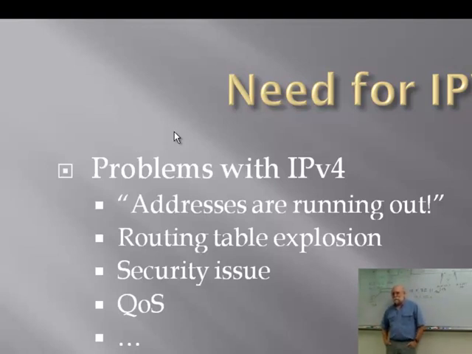Our routing tables have gotten quite large with IP version 4, and there's some kind of mechanism for managing these router tables with IP version 6. IP version 4 isn't particularly secure natively, and they added technologies to that. But IP version 6 is, and it provides better quality of service. Yeah, those are the temporary solutions.